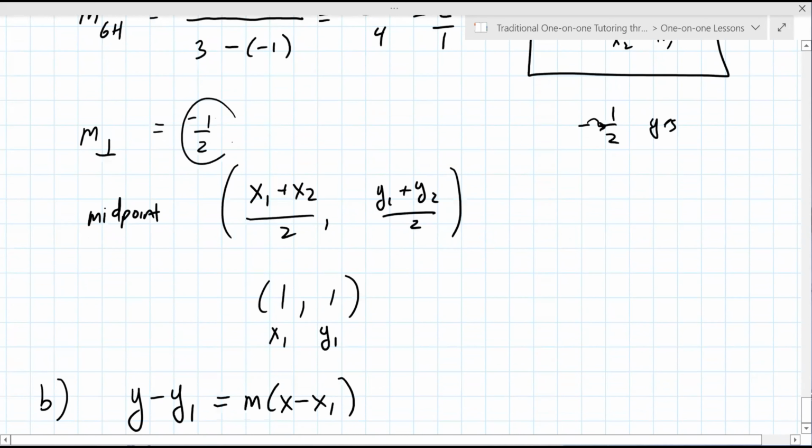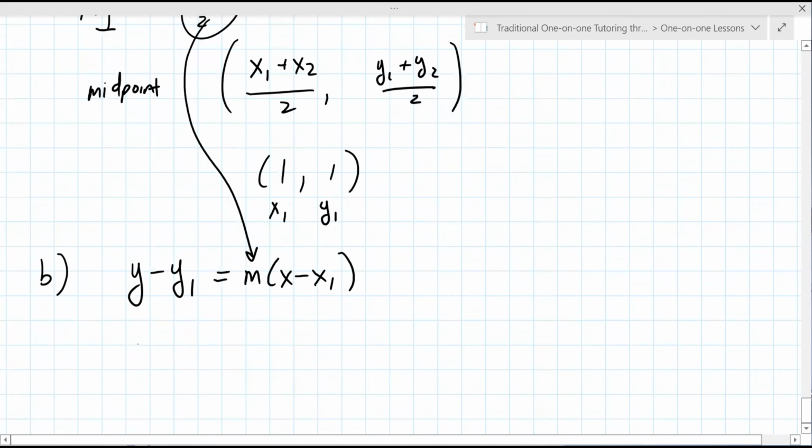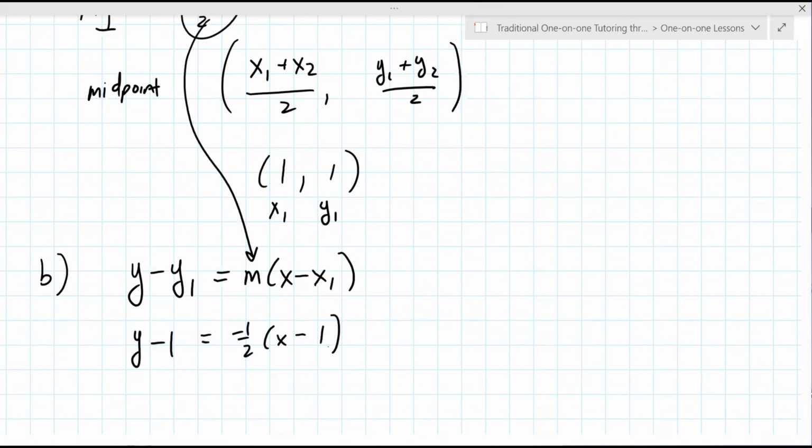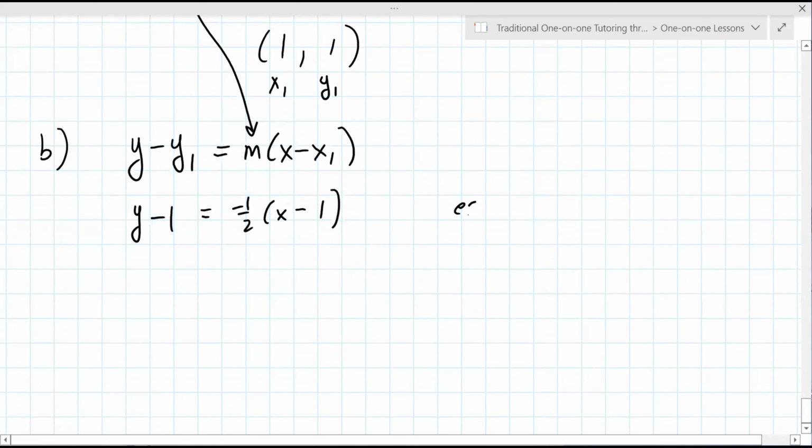Yes, so y minus 1 equals -1/2 times x minus -1. All right. So right now I'm not solving for one in specific. This is just write the equation of the perpendicular bisector.